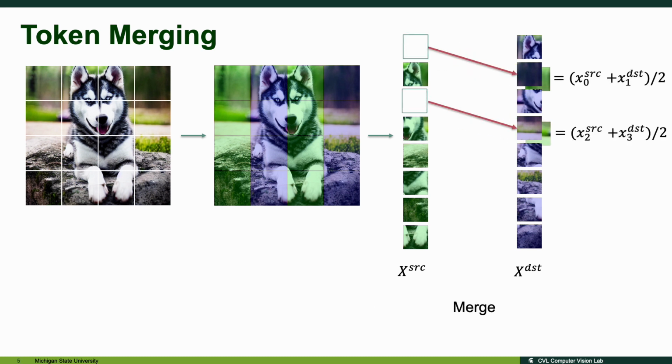After selecting the tokens, we merge the chosen source tokens into their corresponding destination tokens using a method of weighted averaging. By combining the most similar tokens, we effectively reduce the total number of tokens. As a result, the subsequent operation of the vision transformer becomes more efficient and requires less computation power.